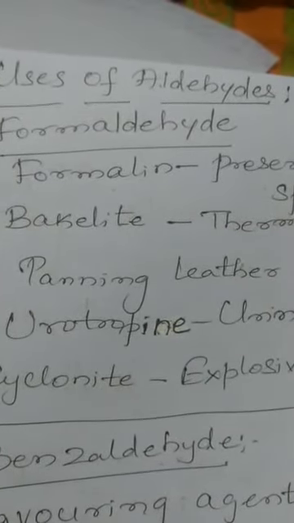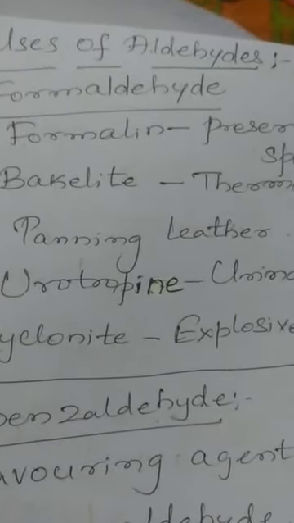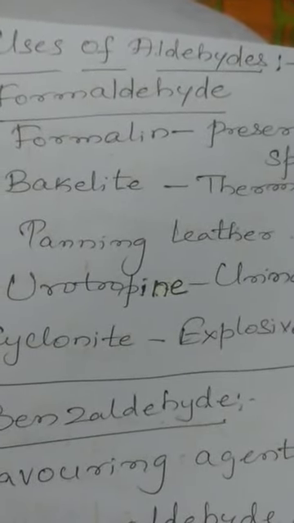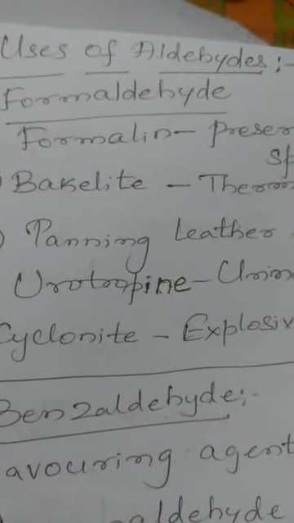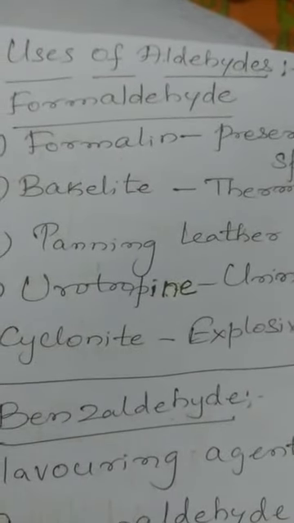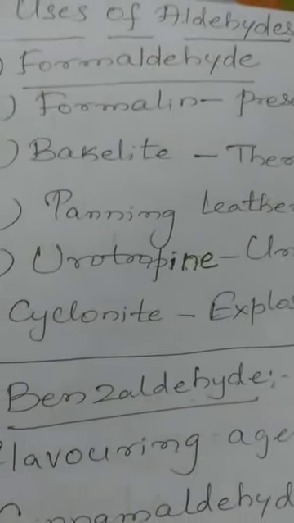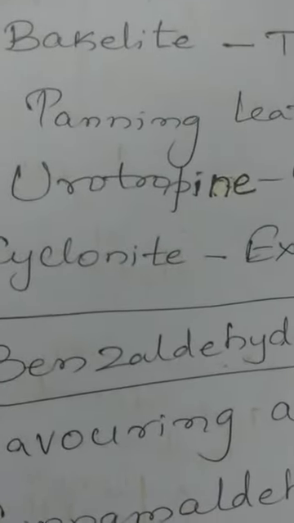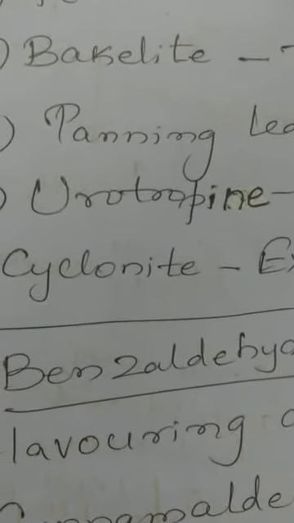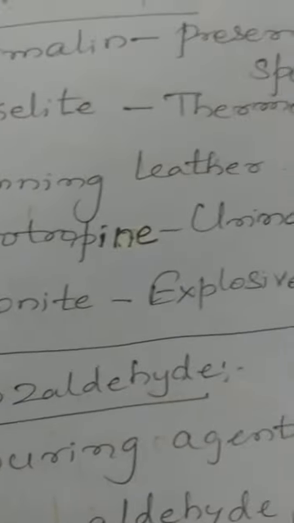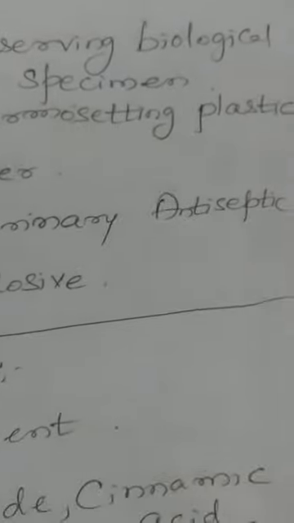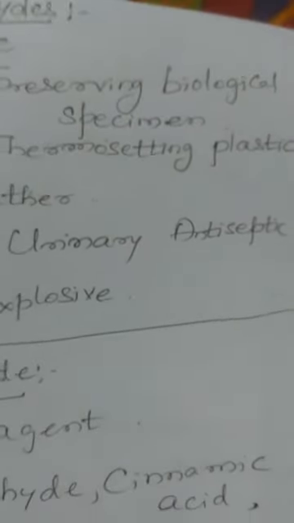Another important use is in tanning leather, which is one of the processes used for treating leather. The gas used is formaldehyde. Another very important use is in the preparation of a compound called urotropine, which is used as a urinary antiseptic in medicine.